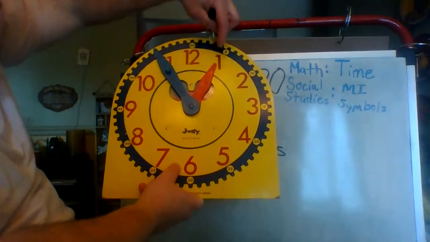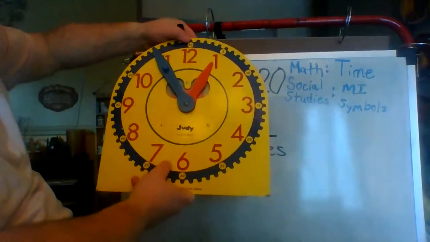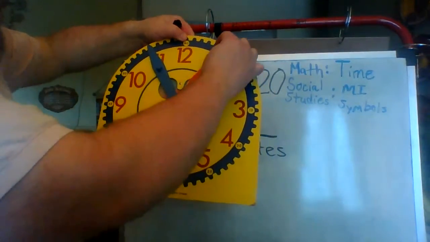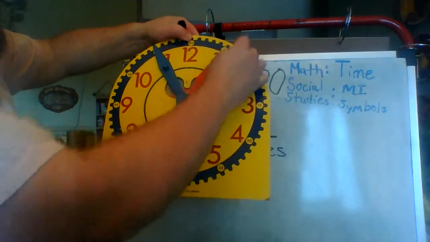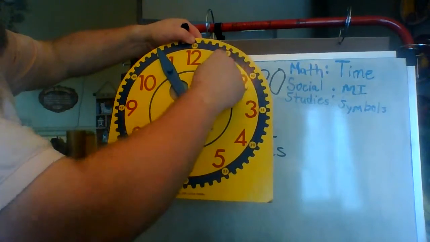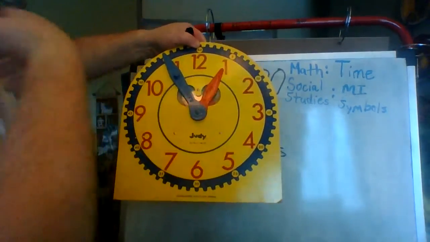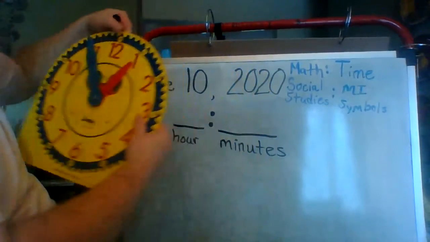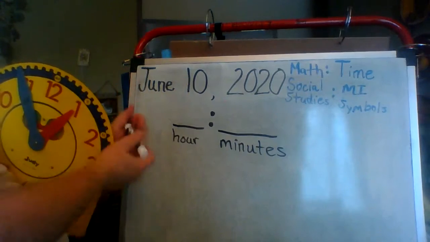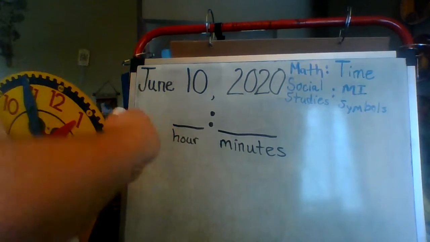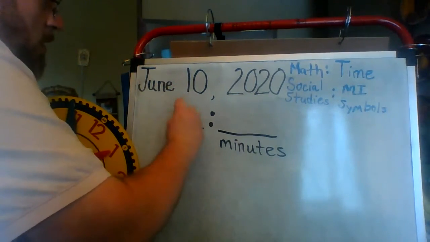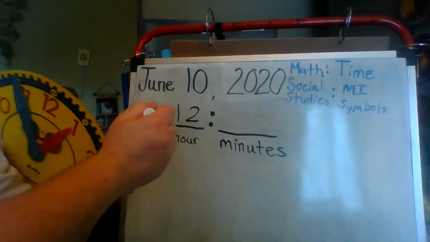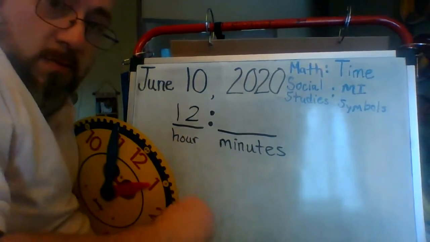This hour hand is still in between the 12 and 1. It hasn't quite touched the space for the 1 yet. It's still in between. I'm still in the hour of 12. It's close. And if you look at it from a distance, it gets really hard to tell.